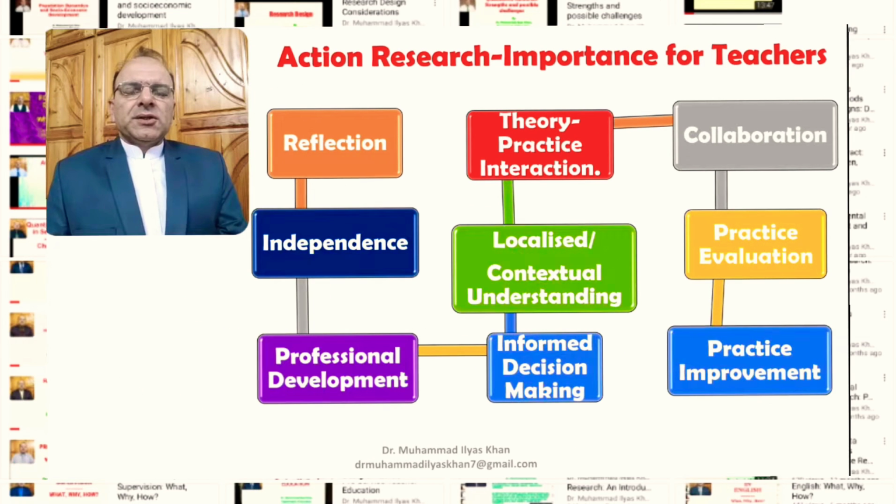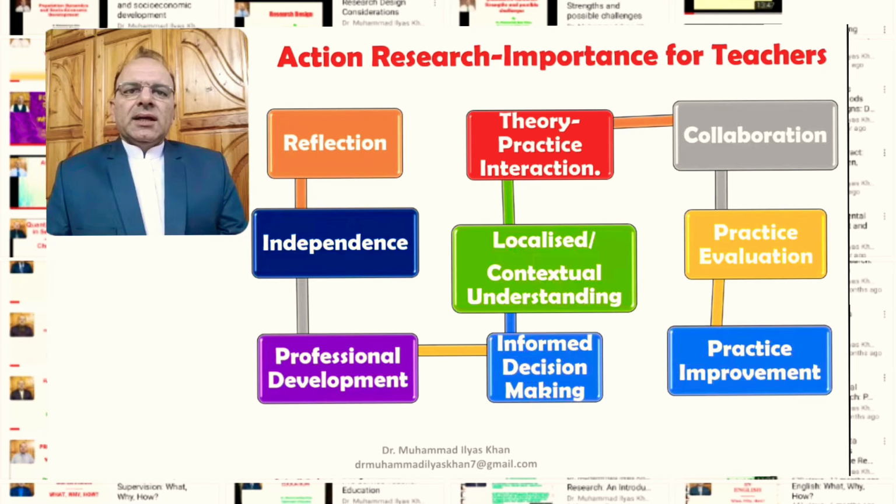So the first thing that makes action research important for teachers is that action research helps teachers in reflecting on their practices as teachers.